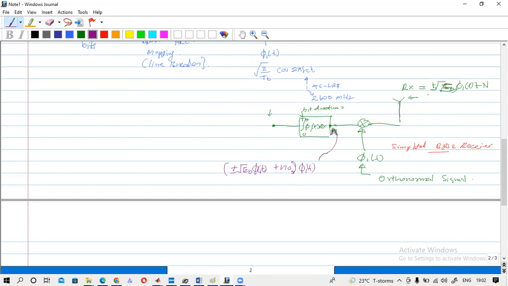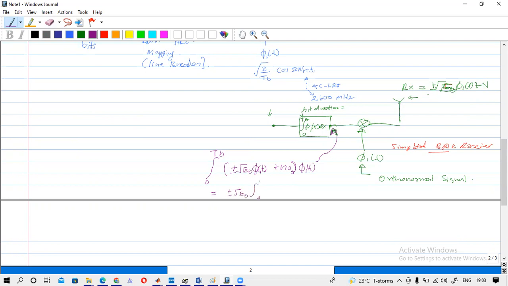The input signal to the integrator will be this, and we are going to integrate from 0 to TB. So what will be the answer here? If I expand this, we have plus or minus root EB, which is a constant, so I can take it out.